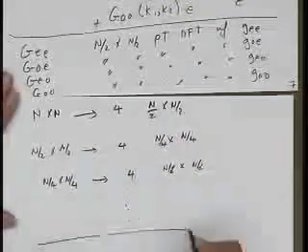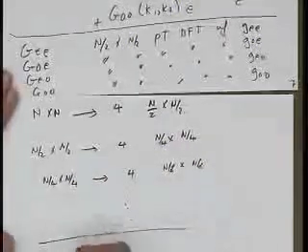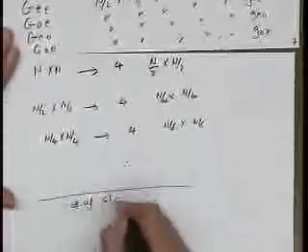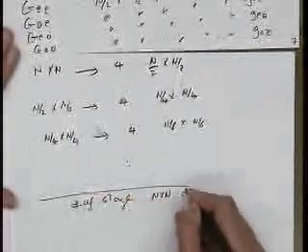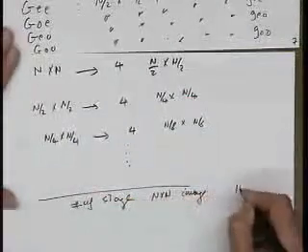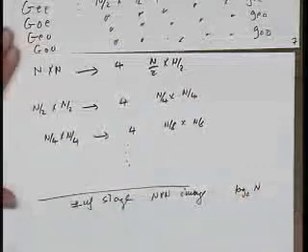So it keeps on going. Therefore, you can easily see that the number of stages for an n by n image is just log 2n.